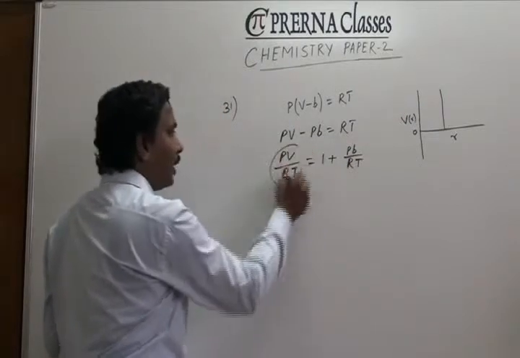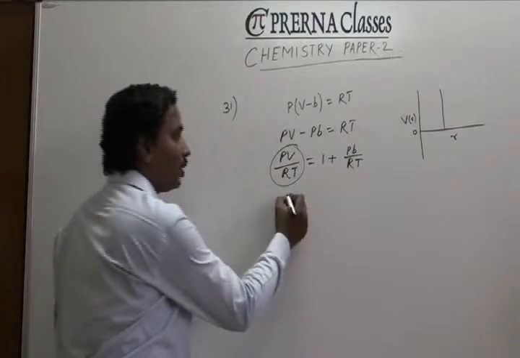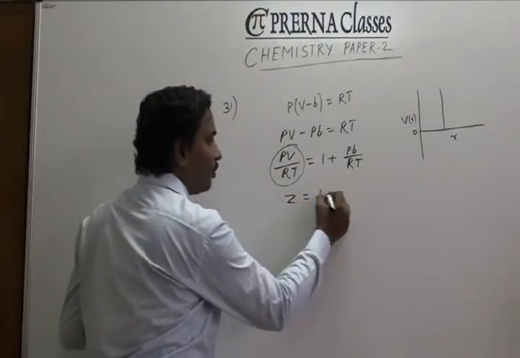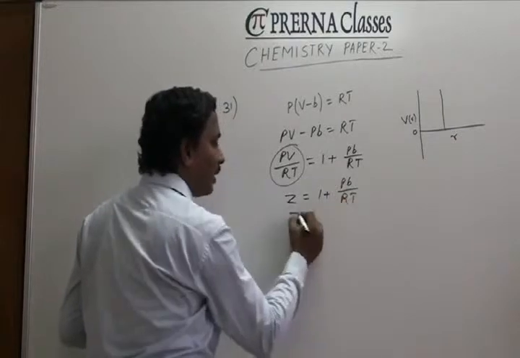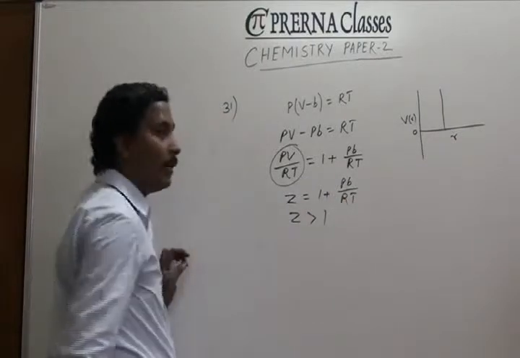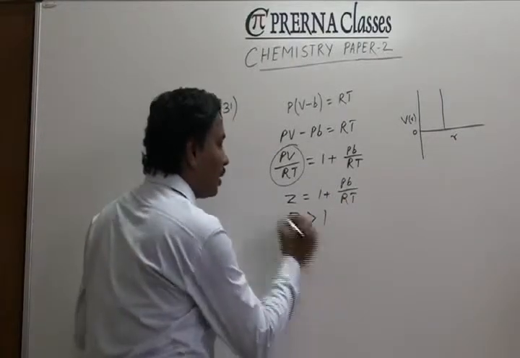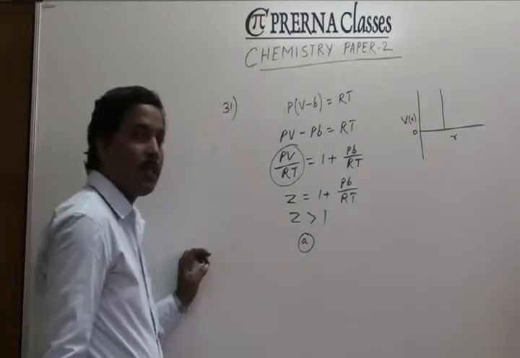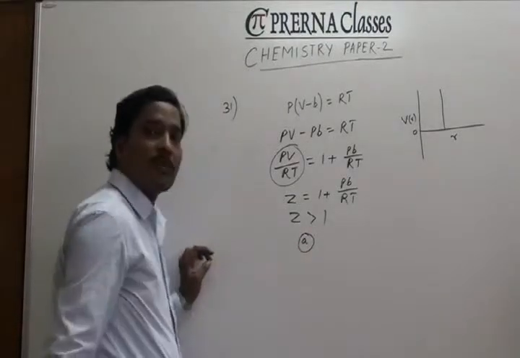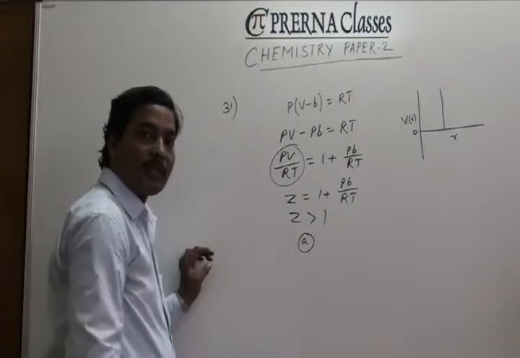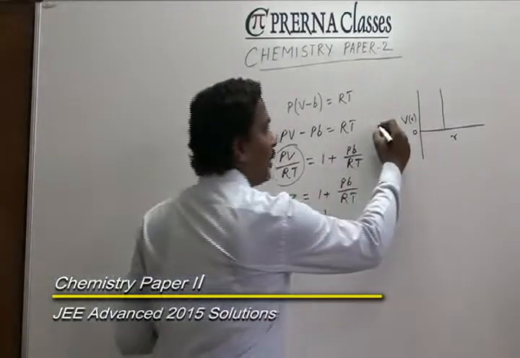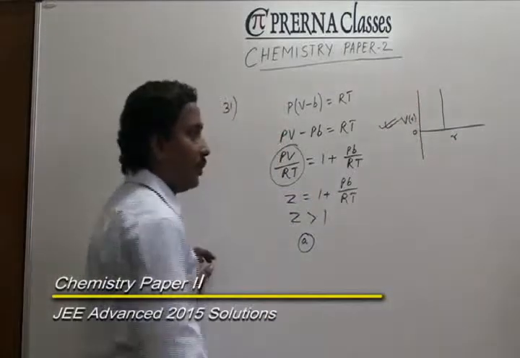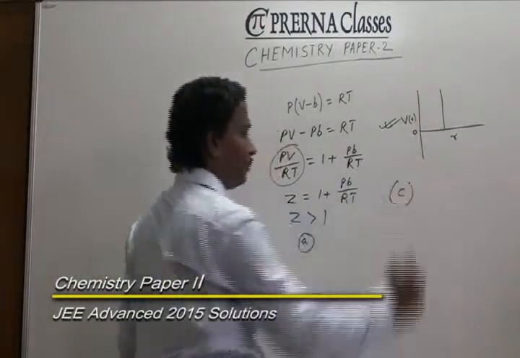We know that PV by RT is equal to Z, and Z is equal to 1 plus Pb by RT. That means Z is greater than 1 and the value of a is negligible. That means attractive force is very less. If attractive force is very less, then interatomic potential can never be negative. Therefore, the answer is option C.